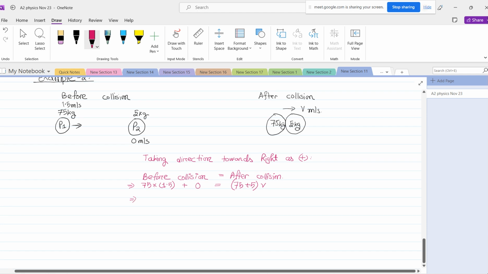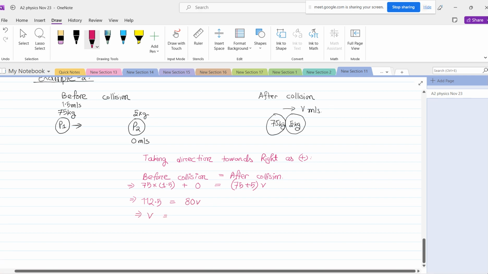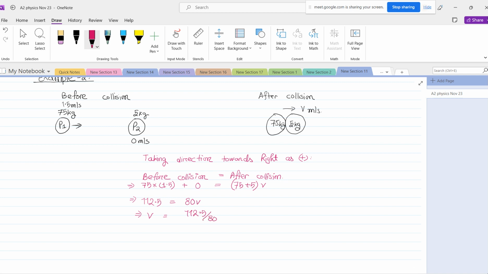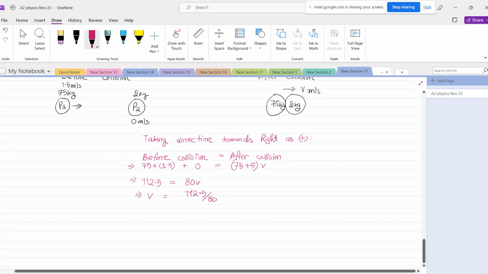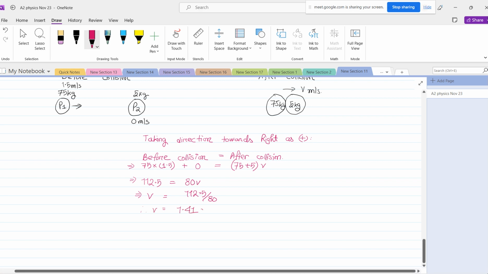into v. If you multiply 75 into 1.5, that becomes 112.5 equals 80v, and if you make v the subject, it will be 112.5 over 80. So the final velocity will be 1.41 meters per second.